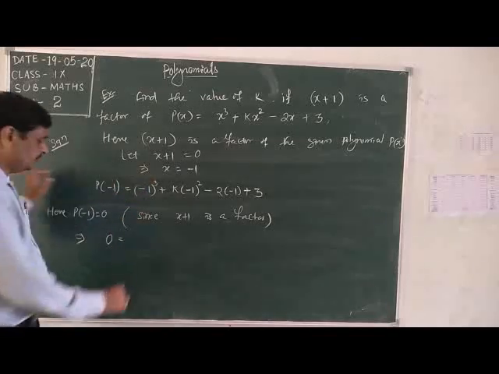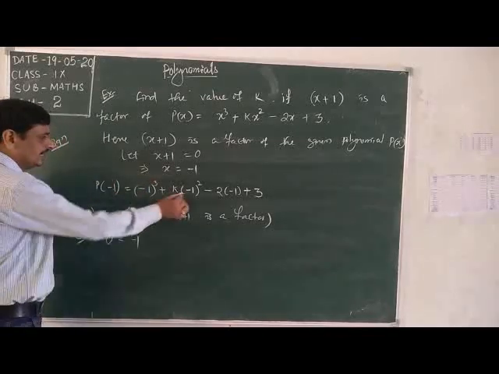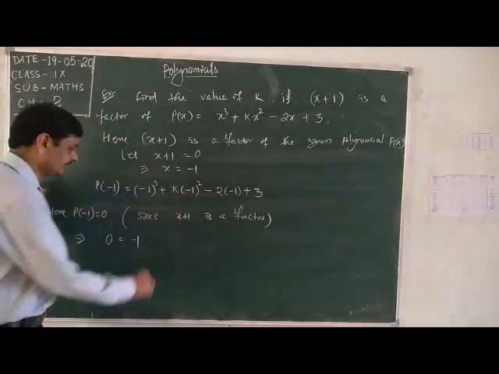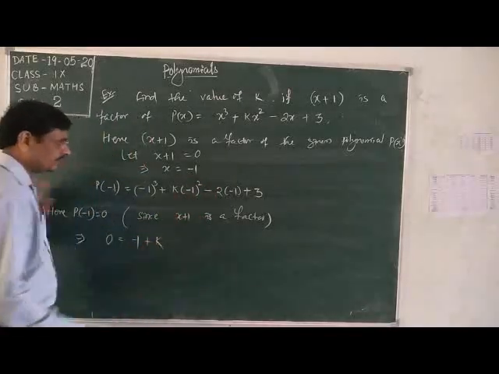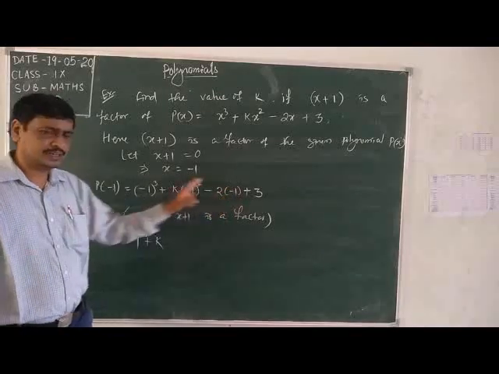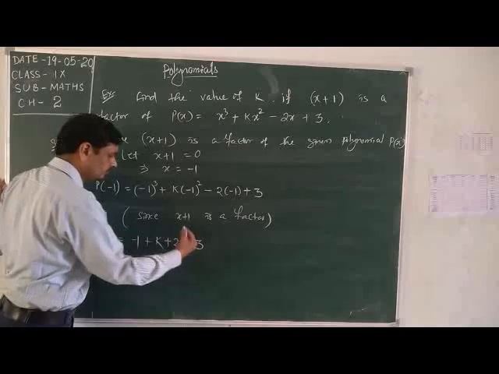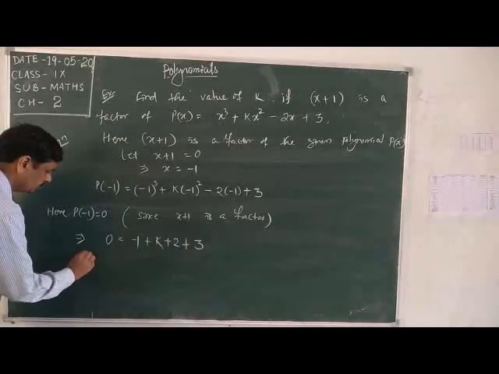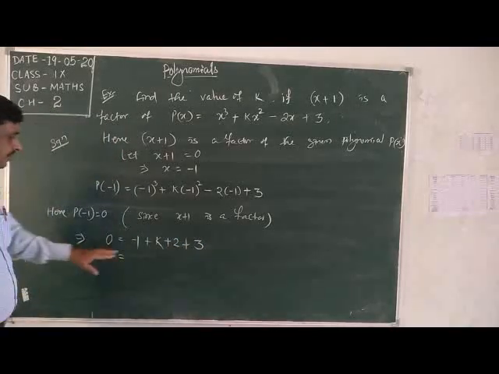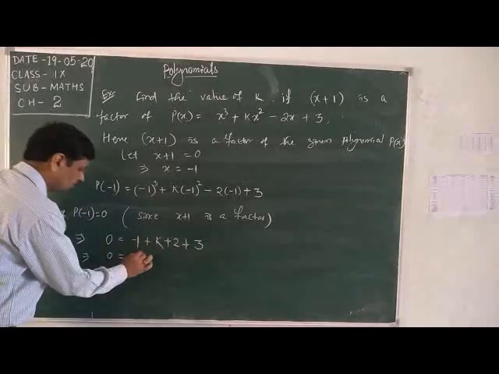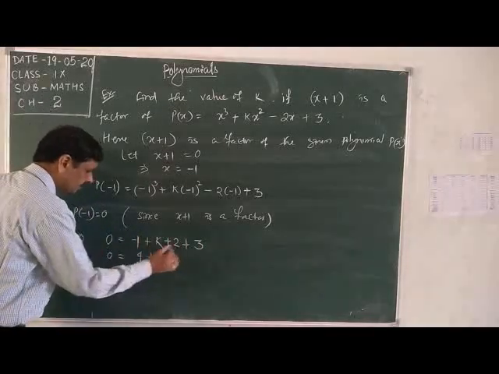Minus 1 whole cube is minus 1, minus 1 square is plus 1 into k is k, minus 2 into minus 1 is plus 2, and plus 3. Now 0 is equal to 2 plus 3 is 5, 5 minus 1 is 4, plus k.